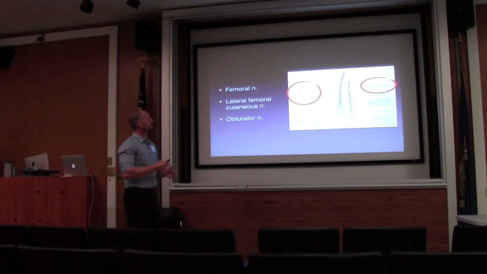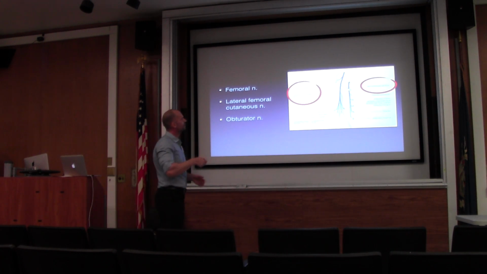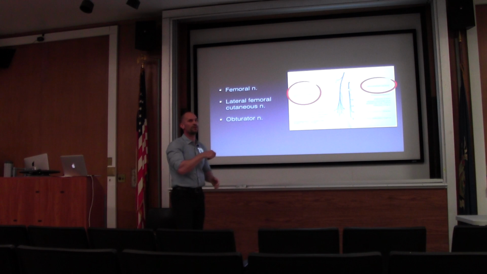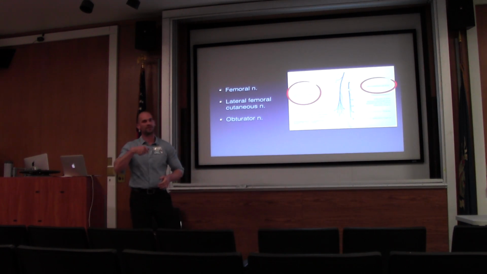Now, we have here an anterior view of the hip, correct? So what you'll probably notice is that we're just hitting the anterior nerves of the hip, and that'll be explained a little bit later. But we have 3 nerves right over here in the hip.